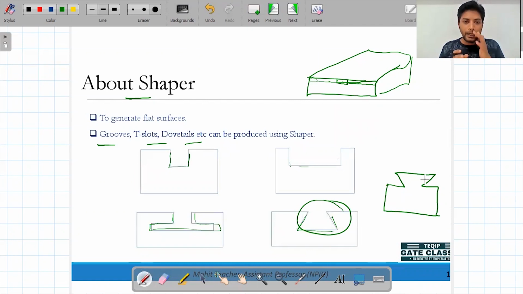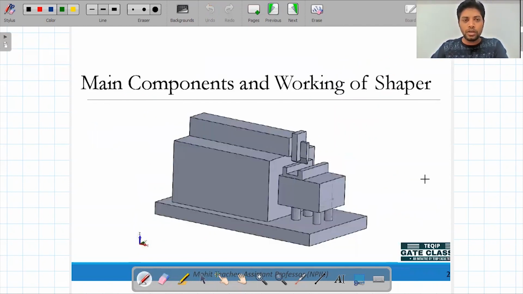So that's why we use these machines very rarely, and industries also do not prefer these machines, because other machines are available that we can utilize to produce the parts and increase productivity. So the use of the shaper machine is lesser, but we have to study it from the examination point of view.